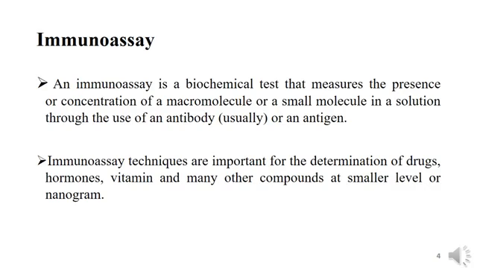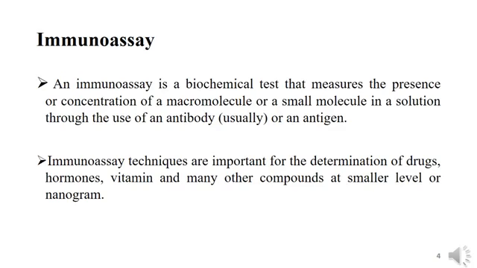Two-site non-competitive immunoassay. The analyte in the unknown sample is bound to the antibody site, then the labeled antibody is bound to the analyte. The amount of labeled antibody on the site is measured.